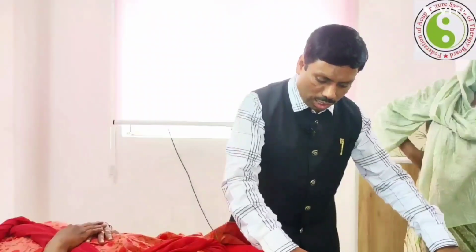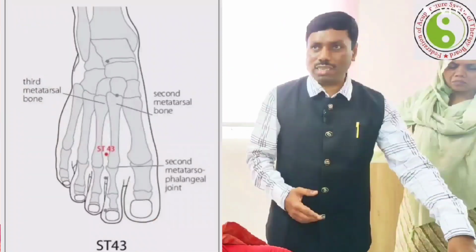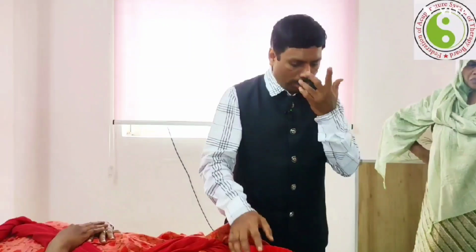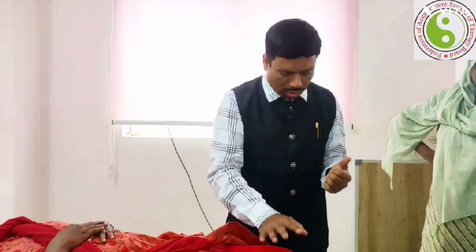This point is the earth point, and this point is the wood point, but joining together, GB34 is related to the sinews and cartilages, and of course the ligaments and tendons, whereas Stomach 43 is useful to treat all the fleshes in our body, especially the smooth muscles, epithelial muscles, and the cardiac muscles are also treatable by activating these points.